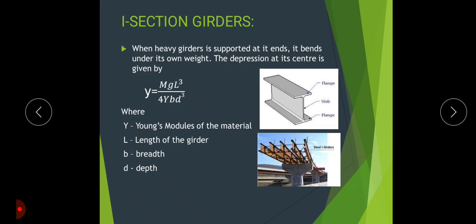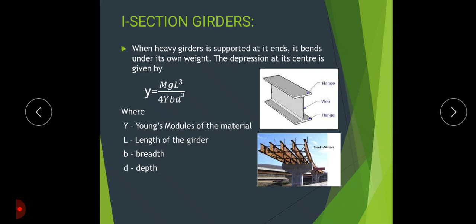Also, due to the depression, the upper part of the beam above the neutral surface will contract, while the part below will extend. Hence, stress is maximum on the lower or upper surface of the girder.